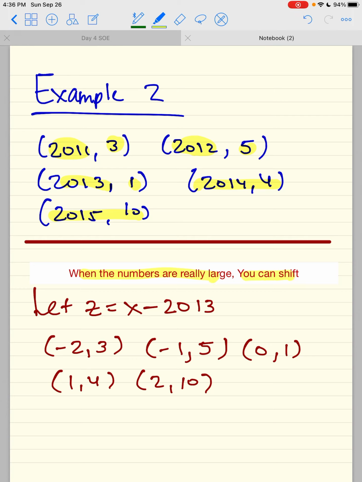I decided to make z equal to x minus 2013. It makes no difference if you use 2014. I just used the midpoint of this, okay? So by doing that, 2011 becomes negative 2, 2012 becomes negative 1, 2013 becomes 0. I'm just plugging it right in here. 2014 becomes 1, 2015 becomes 2.